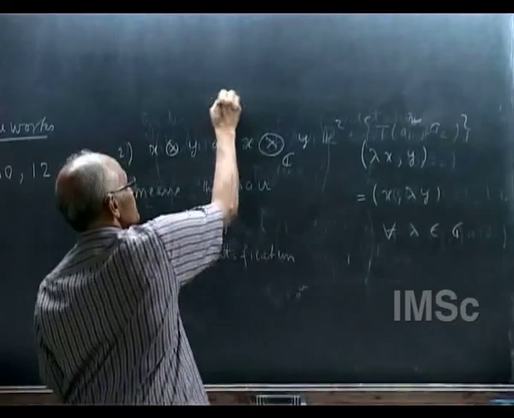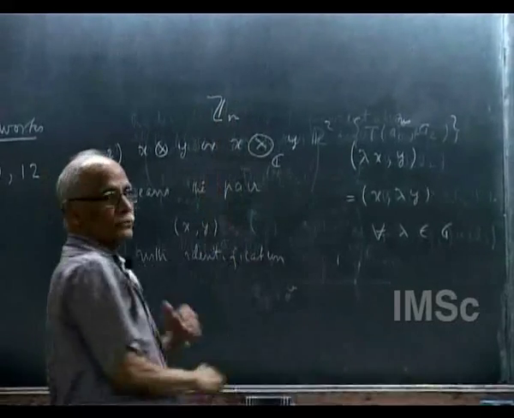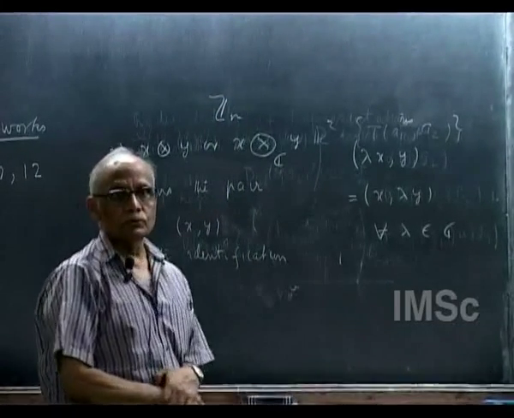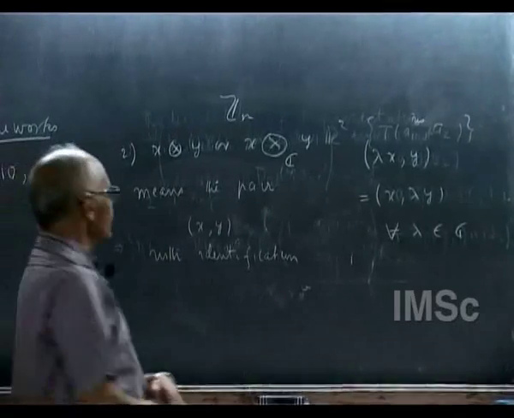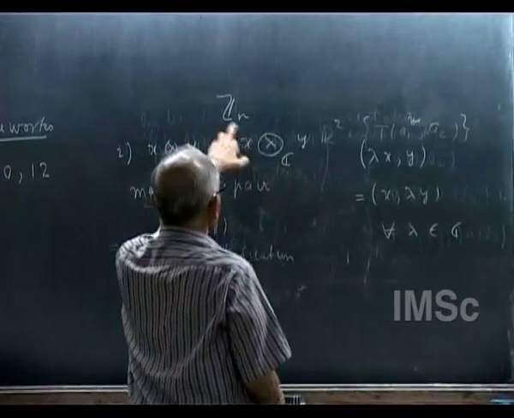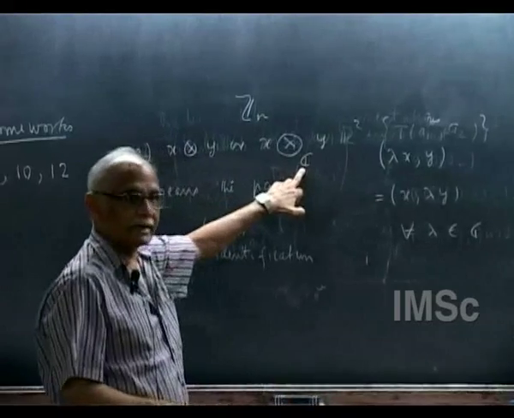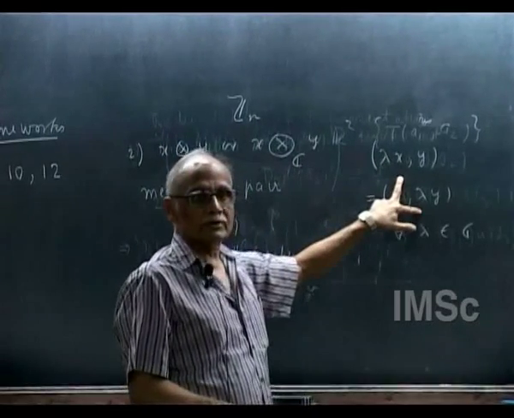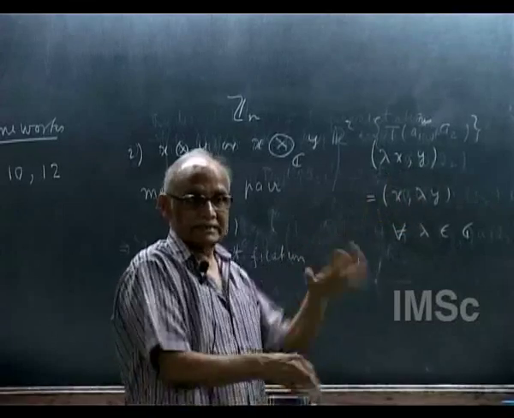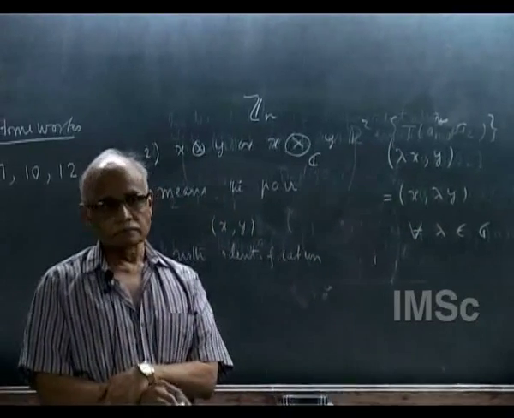Very often this happens. So, if you do say non-commutative spacetimes, you will find this Zn appearing. What does it mean? Well, you replace the lambda by any root of unity. Then the structure of the space changes completely.